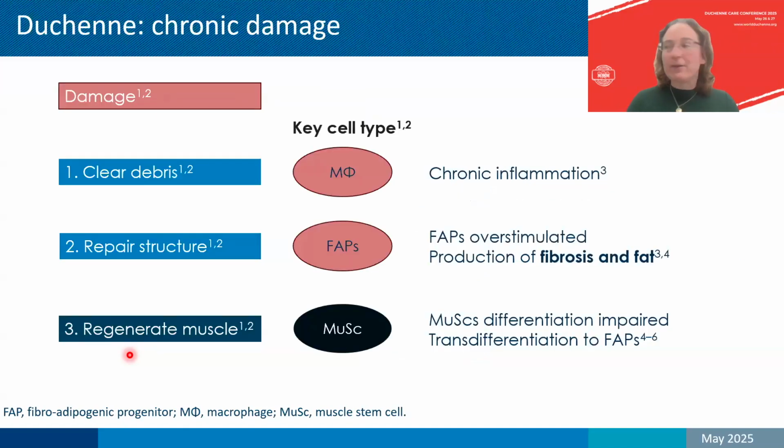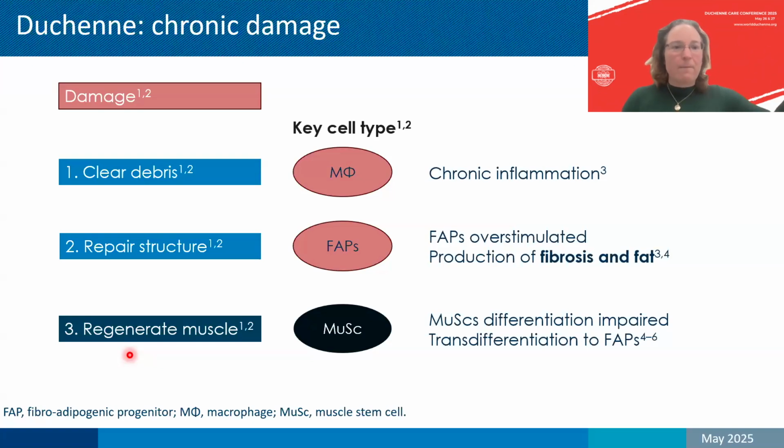What happens in Duchenne patients is that there's chronic damage. So there's always damage somewhere. This means there's chronic inflammation. And the problem is that normally in healthy individuals, the inflammatory cells, or these macrophages, will give a signal that as long as they are busy with clearing away debris, the repair should not be started. You first need to clear away the debris. Now there's chronic damage, so there's always damage happening somewhere.